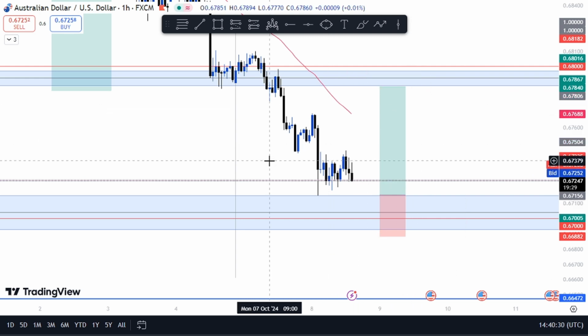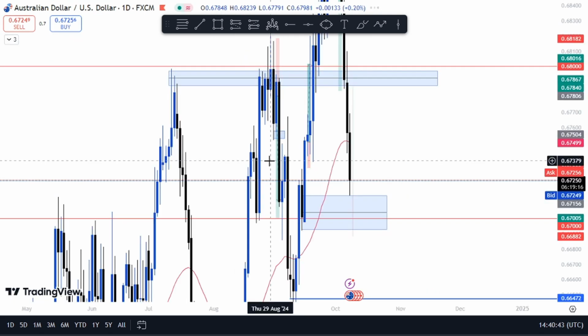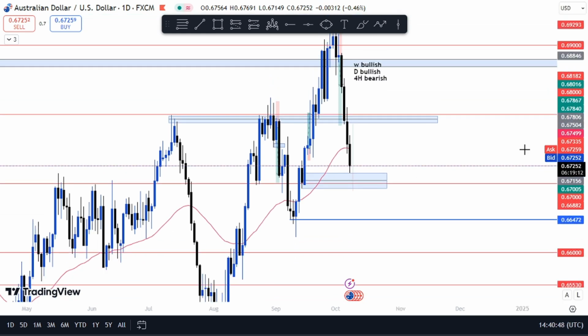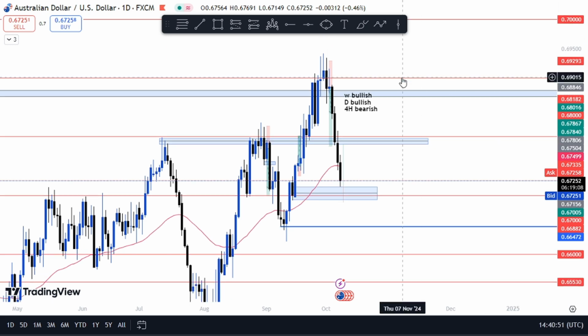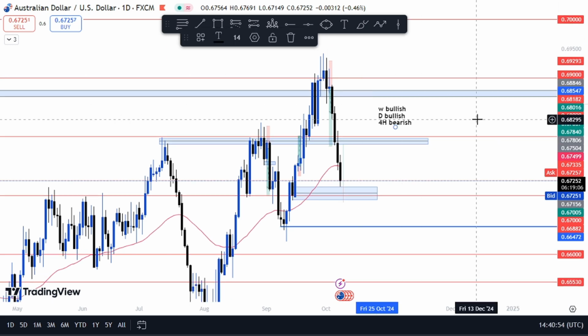So the first one that I'm looking at right now is AUD USD. For AUD USD, let's go to the daily time frame and see the overall bias of the market. As we can see here right now, weekly is telling us bullish, daily is also telling us bullish.